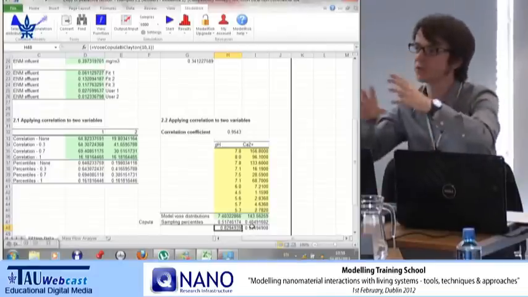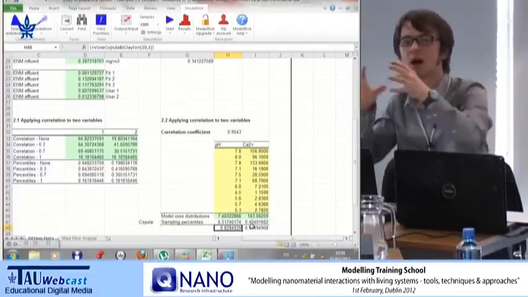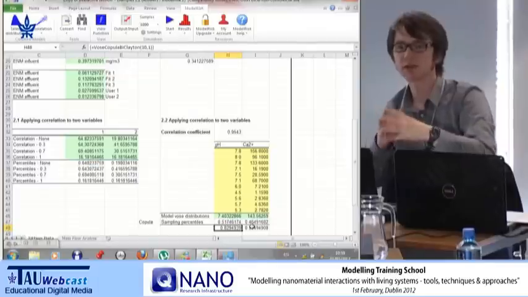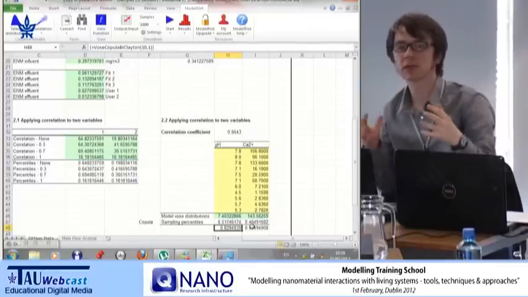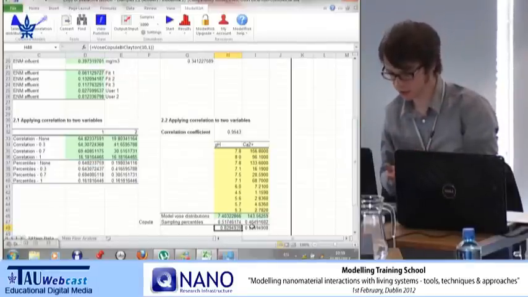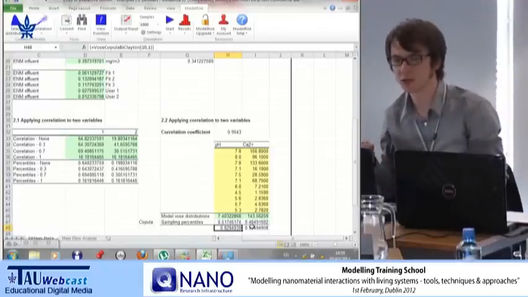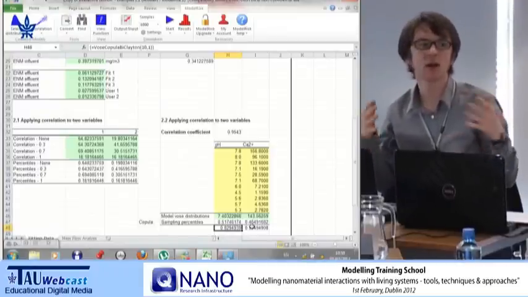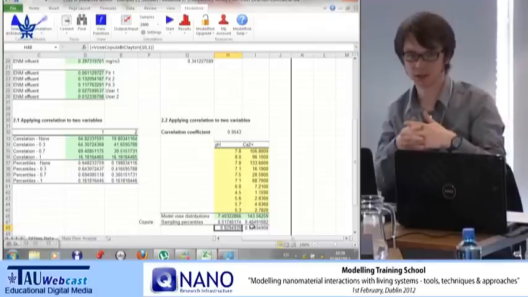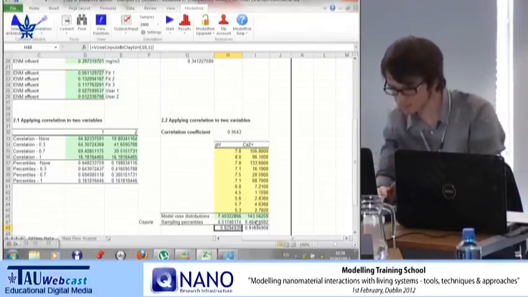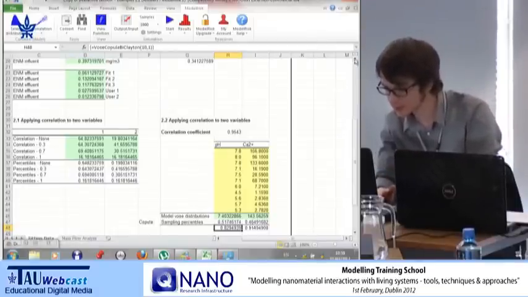So there is some correlation. It's not completely random sampling. They are in some way connected. Still random, but it does give you a more realistic situation. So correlation is important. You've got to think, how much did it correlate? Which elements in your model are codependent on each other?